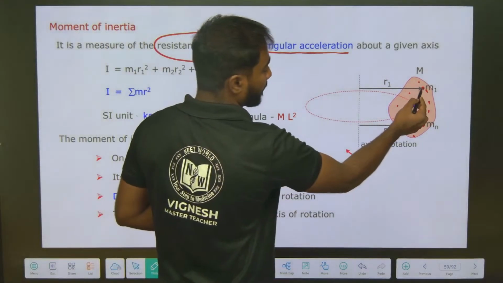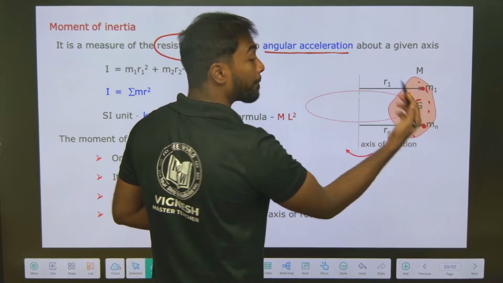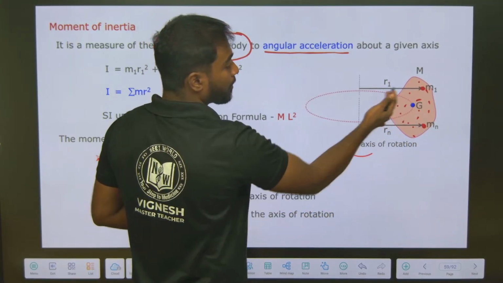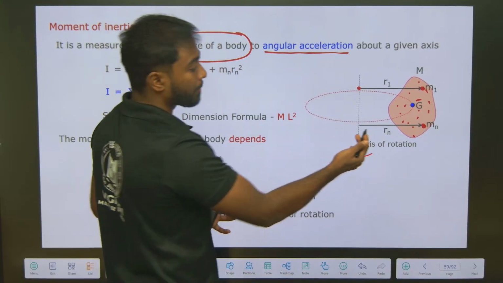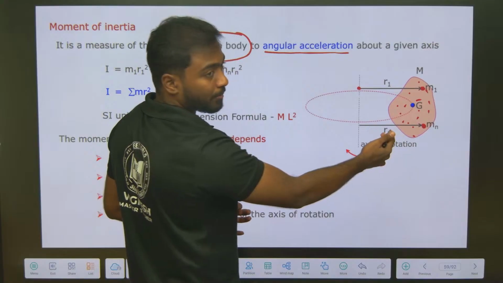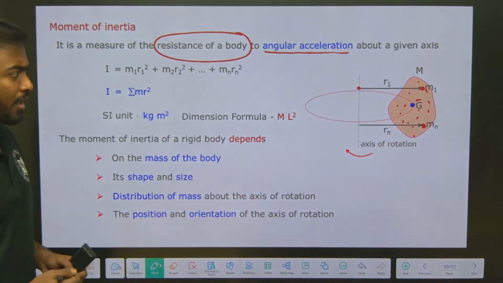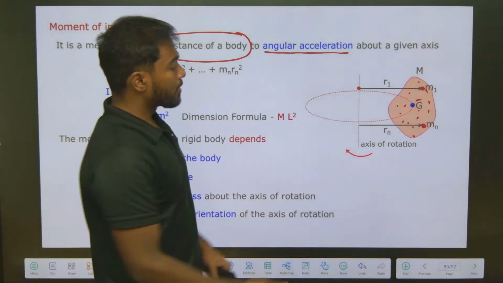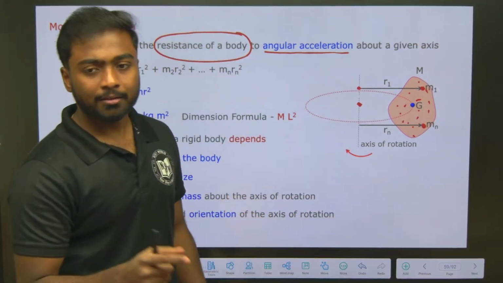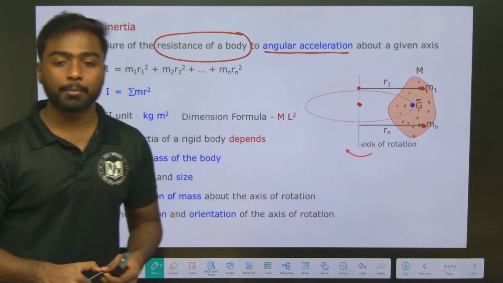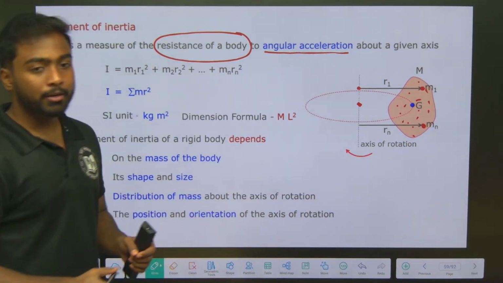If I consider this particle m1 and this particle mn, from the axis the distance of m1 is r1 and the distance of mn is rn. When the particles are on the axis, the distance will be 0, and the moment of inertia also will be 0. That one we need to understand.